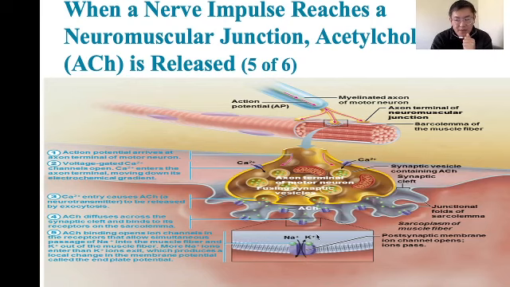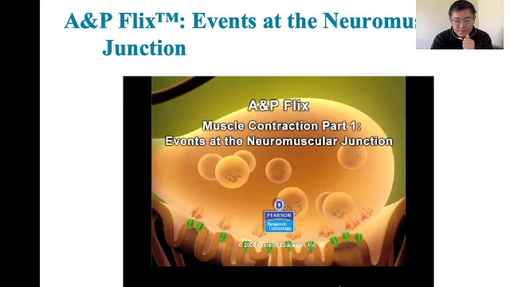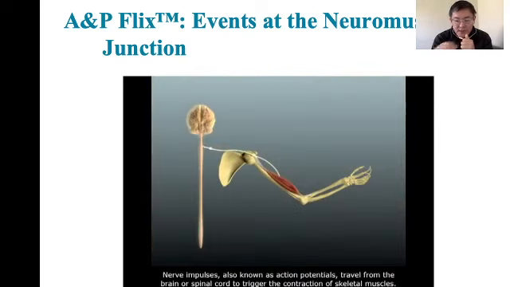However, more sodium ions rush into the cell, causing sarcolemma depolarization. This depolarization is called the end plate potential. So this is the video for this event. Please watch this video after this lecture.